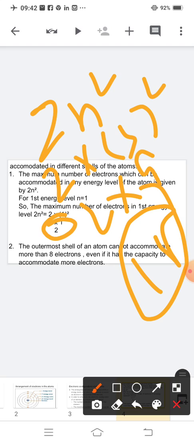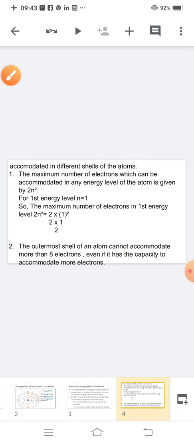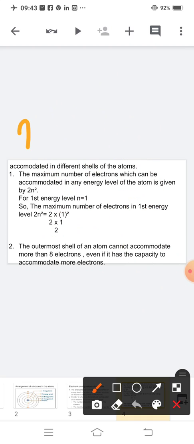That means in the third energy shell we could locate 18 electrons, but you can only accommodate 8 because of the octet rule. Is this clear? That means in the first shell you can locate 2, after that you can locate 8, 8, 8, even though they have the tendency to accommodate more electrons. Is this clear?